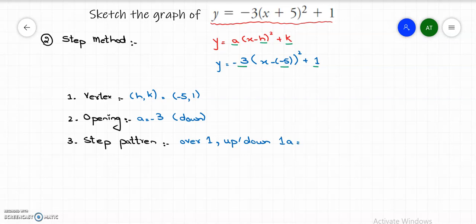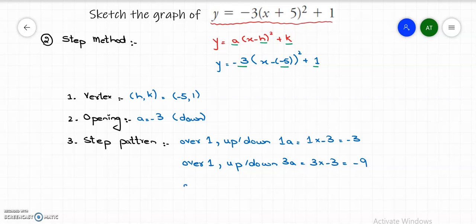That means 1 times a, and the a value is -3, so 1 times -3 makes -3. The next step pattern is over 1, up or down 3a, so that is 3 times -3, which equals -9, right?